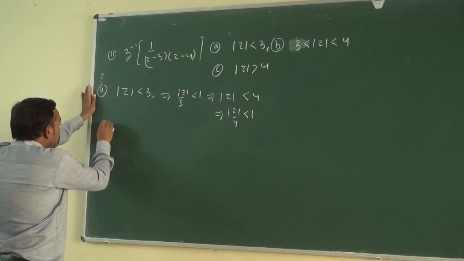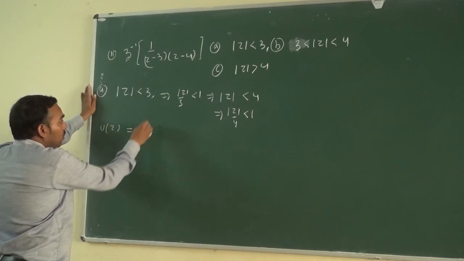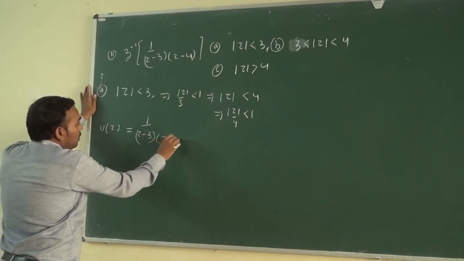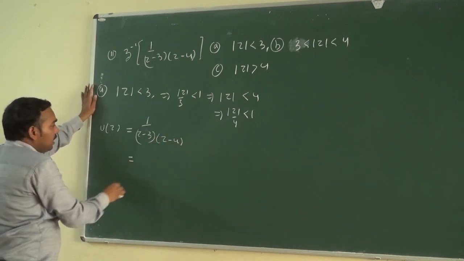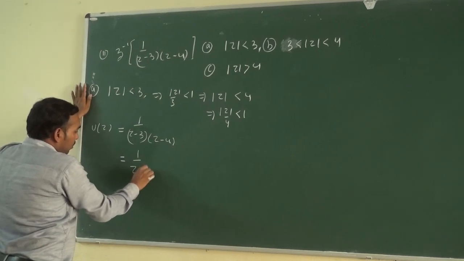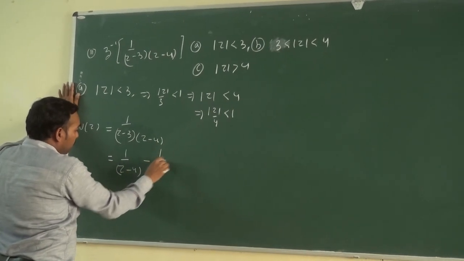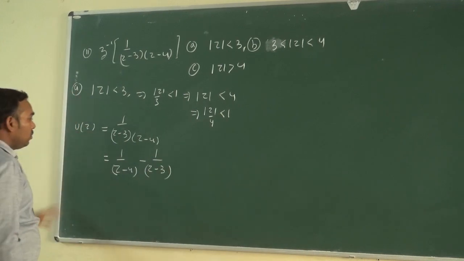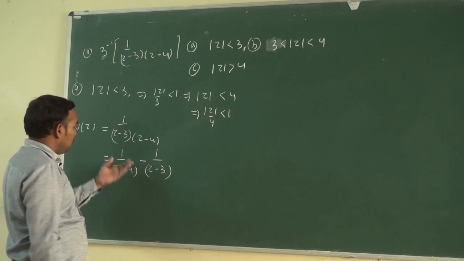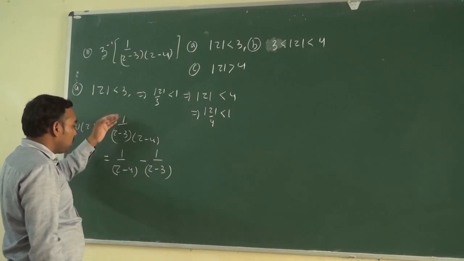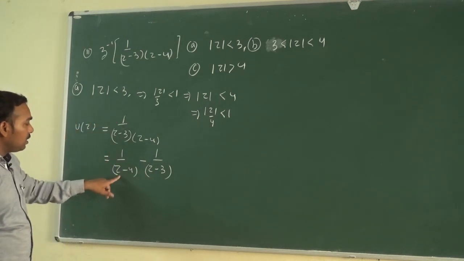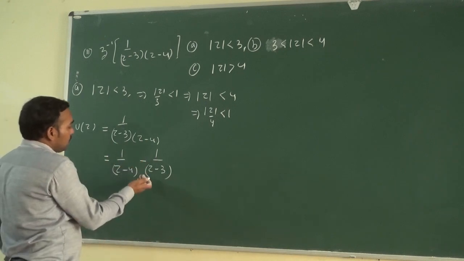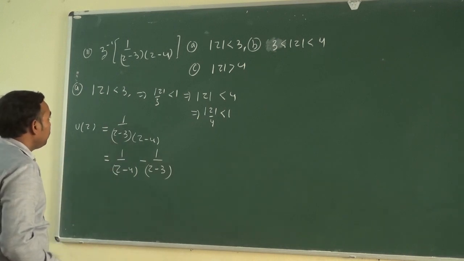So simply write U(z) equal to 1 upon (z minus 3)(z minus 4), that we can write as 1 upon (z minus 4) minus 1 upon (z minus 3). So you see here, this is the partial fraction of this one.